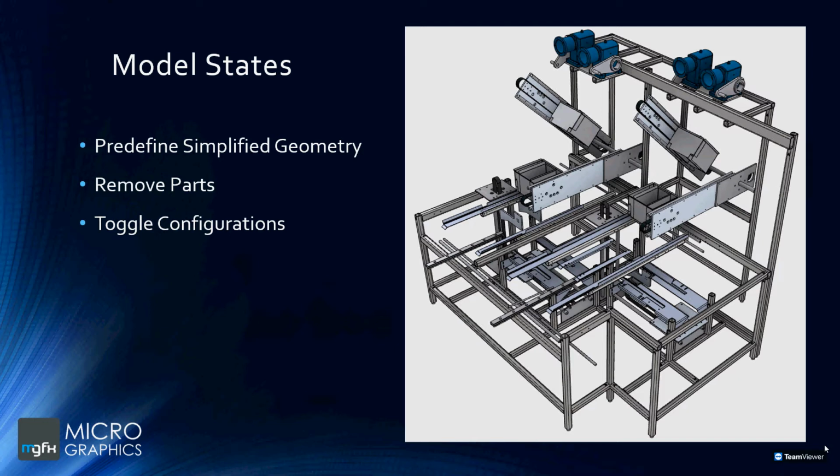There's enough detail there for us to know what it is, but there's not too much detail there that's going to kill Revit once you start putting it back into Revit. So this model state could be selected at the beginning of the export process or that simplification process to then reduce down the number of elements that are going to be exported to Revit.